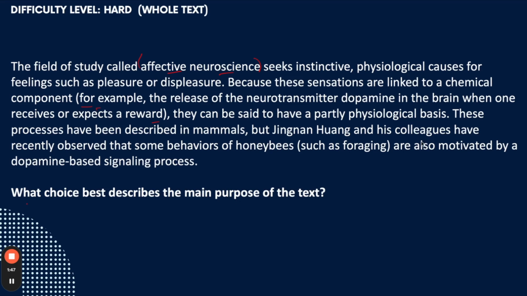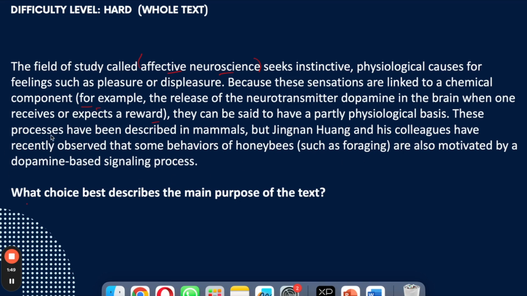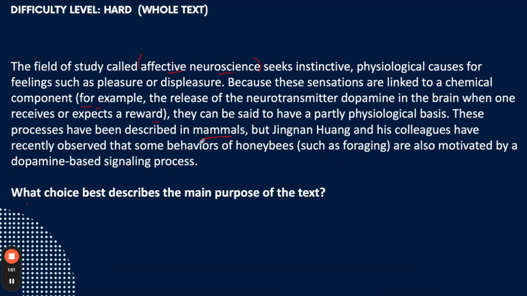Let's look at the next sentence. These processes have been described in mammals, but now, very important to notice the contradictory words while you're reading the text. So these processes have been described in mammals, but something else happened.